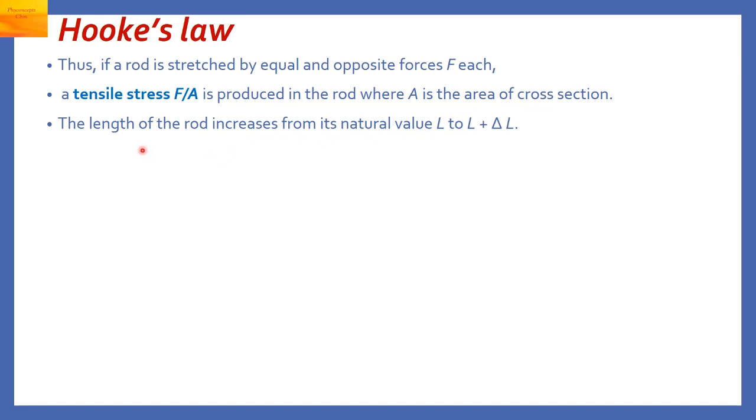When the rod is stretched, the length of the rod will increase from its original value L. It will now change to L plus delta L. So the change in length is now delta L. So we will write down the tensile strain, which is the change in length upon the original length, that is delta L upon L.